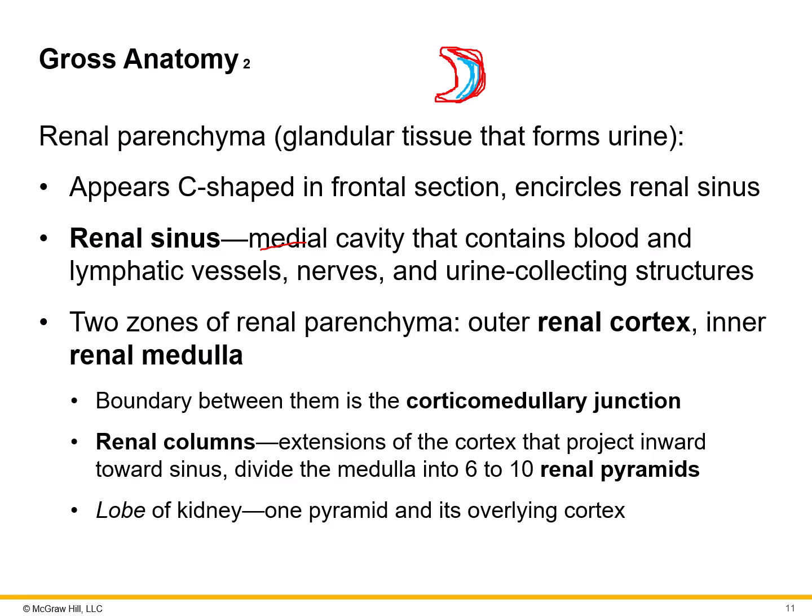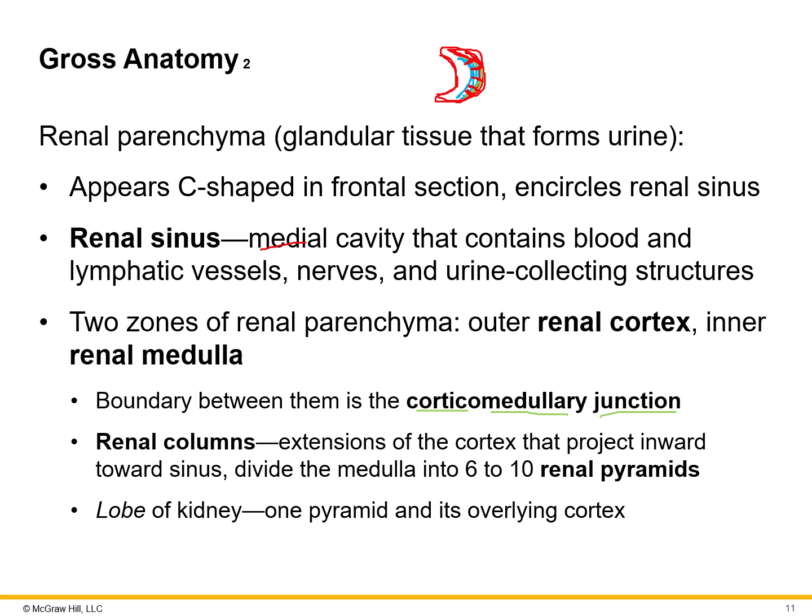Now, the boundary that separates them, where they touch right here in the middle, okay, is called the corticomedullary junction. And again, cortico refers to the cortex, medullary means medulla, and junction just says, hey, this is the point where they meet. Now, we also see what's called renal columns. So essentially, this cortex, this outer portion, will extend inward into the medulla toward the sinus, which sits at the very center.